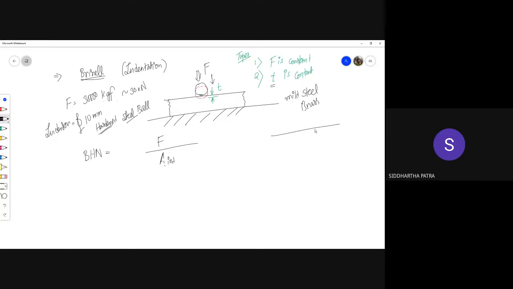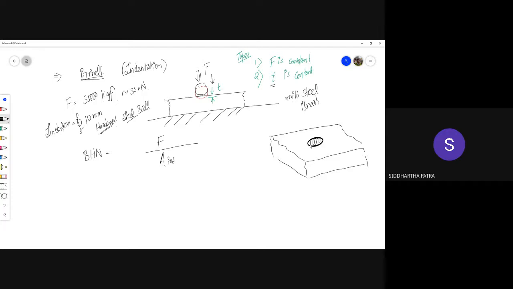You see, imagine this is the specimen. And after indentation, once the indenter is removed, there is a dent, right?